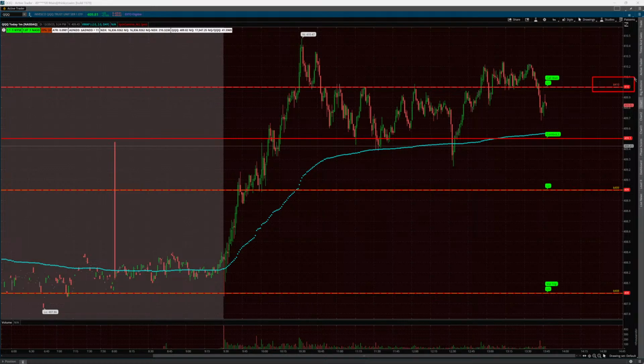And QQQ has been oscillating up and down around that level. Breached it earlier today, then acted as resistance. Price breached again, here acting as support, and now price has moved back lower. So that's the call wall at 410 for QQQ.